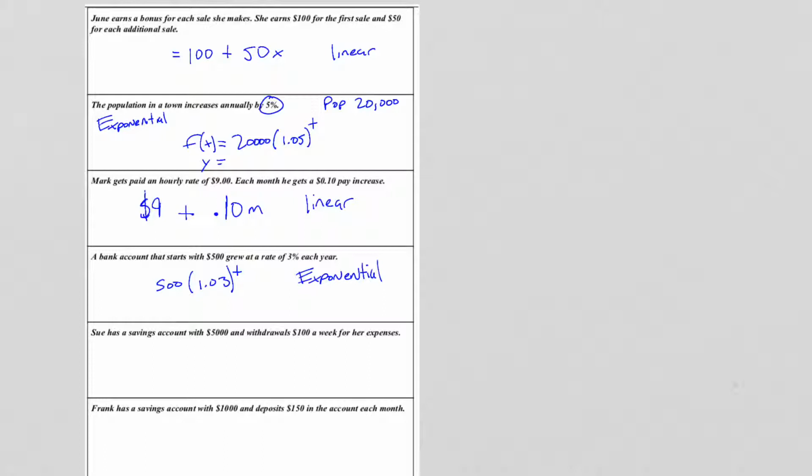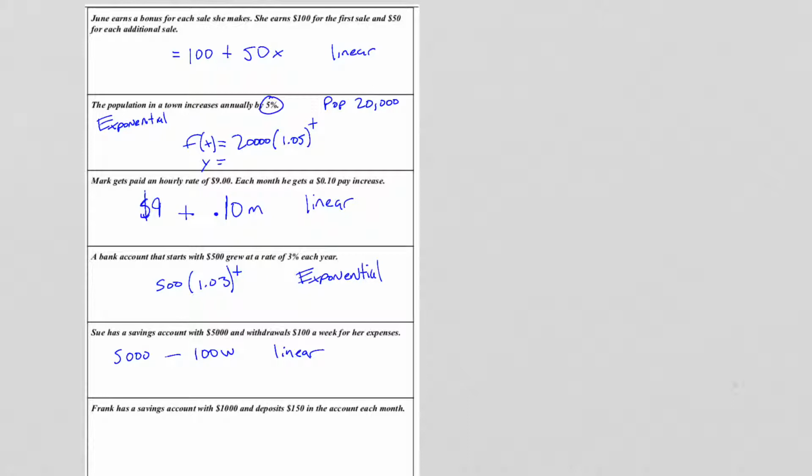And then Sue has a savings account, $5,000, and makes withdrawals of $100 every single week. This is definitely linear. There's no exponents involved. $100 for every week. And, 10 weeks, you're definitely broke. You're getting broker.